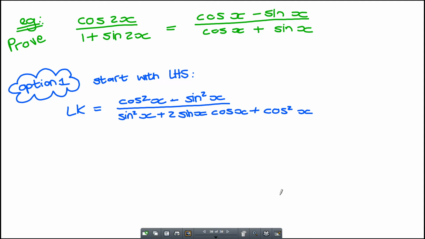Kyk gou hierso. Sin, it's a trinomial. Okay, kyk gou. Sin 2x. Okay, maybe this will make more sense. So gaan cos bottom part. Kyk gou hier.